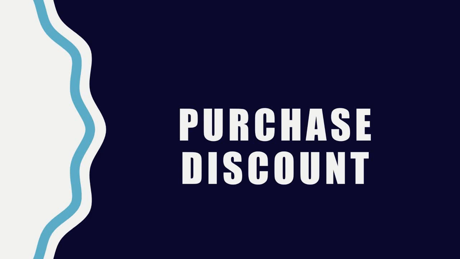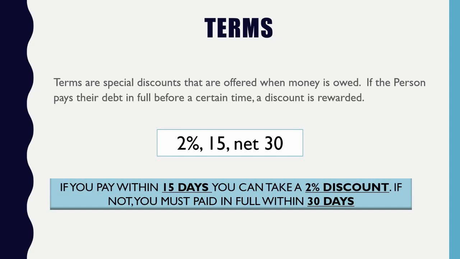So, of course, when you make purchases of inventory, oftentimes vendors will give you some kind of discount or terms. So in this case, when we look at terms, it will look exactly like this. 2%, 15, net 30. Now, what does that even mean?